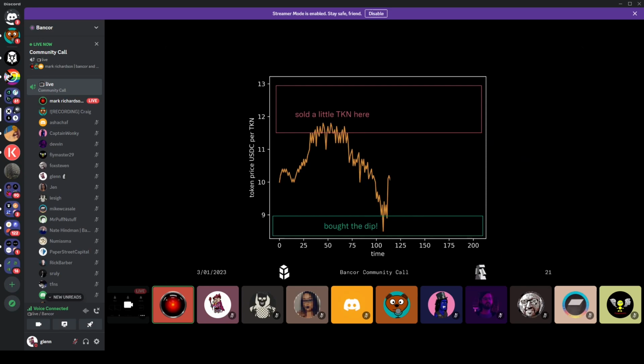This isn't something that she had to set an alert for or wait at her computer to see happen, because it's already a part of her strategy. Essentially, that liquidity that she had provided in USDC to buy TKN at that price is just executed for her, right? The protocol is going to just respect the decisions that she's already made.